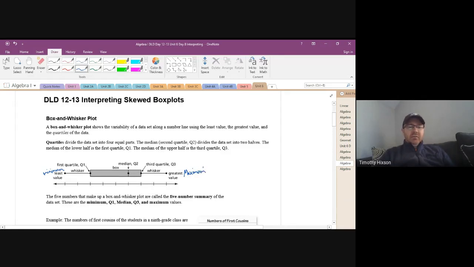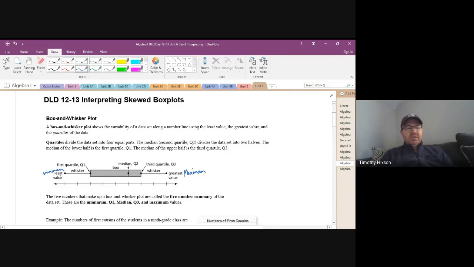This box plot has divided the data into four portions, the quartiles. The four areas are the lower whisker, the left half of the box, the right half of the box, and the upper whisker.